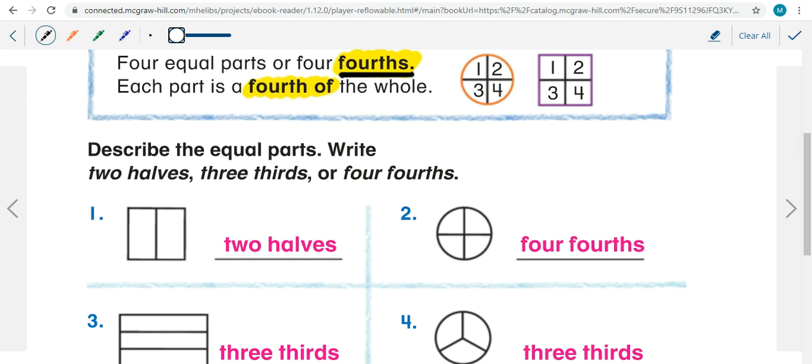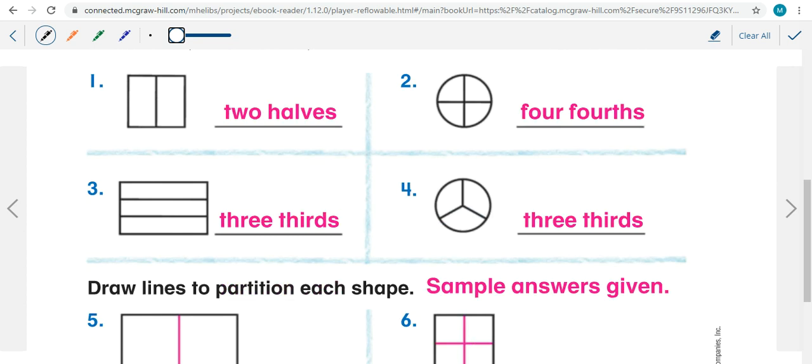Now, let's do number 1. Describe the equal parts. Write 2 halves, 2 mitades, 3/3, 3 tercios, and 4/4, 4 cuartos. Number 1, the shape only has 1, 2 parts, so the answer is 2 halves.